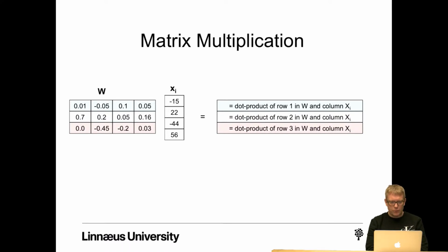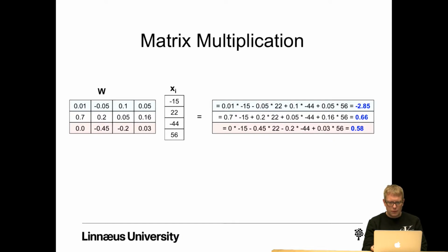As we mentioned before, the matrix multiplication is the dot product. The first element is the dot product of row 1 in the weight matrix and the column vector x_i. We calculate all 3 dot products, and we get the resulting vector. In our case, it looks like this.